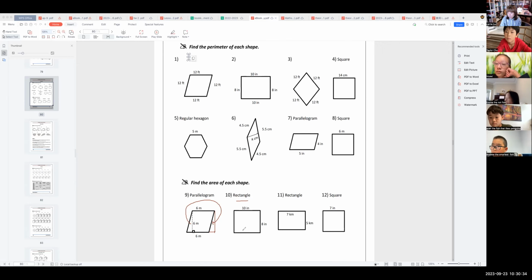Sorry, rectangle, correct? So basically you're still using this line times this line. So it's basically base times height. So 6 times 6 equals 36 meters square. Understand? Why is it like that? Because you're moving this. Violet, are you taking notes or do you understand? Easy, right? Okay, so now let's just do 10, 11, and 12.